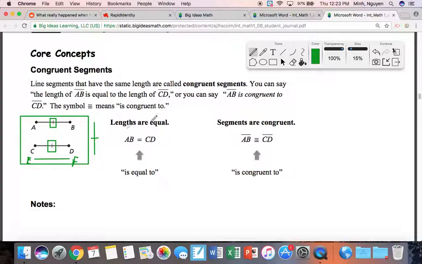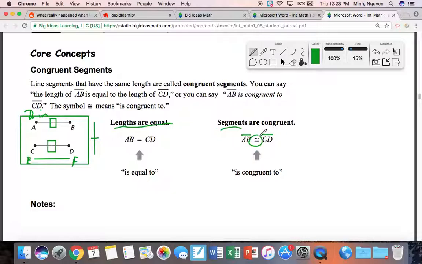Lengths are equal, so length is referring to the specific measurement. Let's say this is 2 inches, this is also 2 inches, and that was also 2 inches, and this we don't know about. If they have the same lengths, then you could say the lengths are equal. But segments, when you write it out with the actual symbol, are congruent.